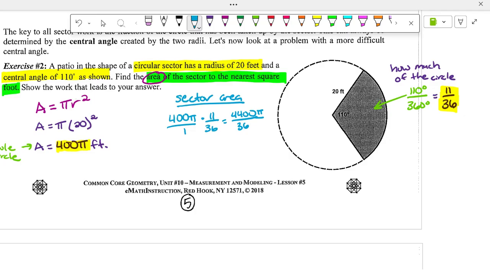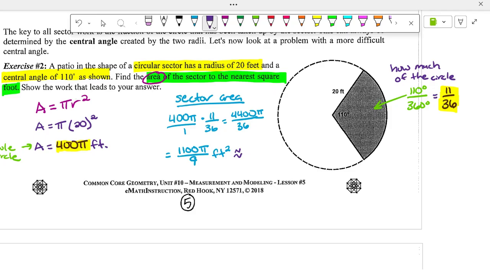Did you hit math enter? So 4,400 divided by 36. No, that's right. So that's equal to 1,100 pi over 9 feet squared. Now, that's the exact. What's the approximate?